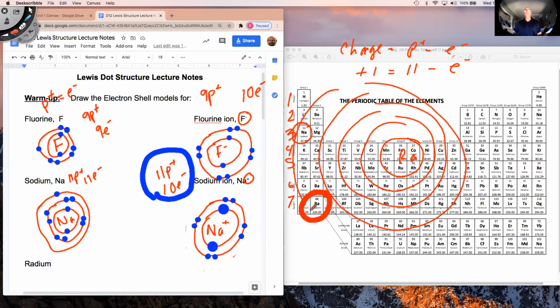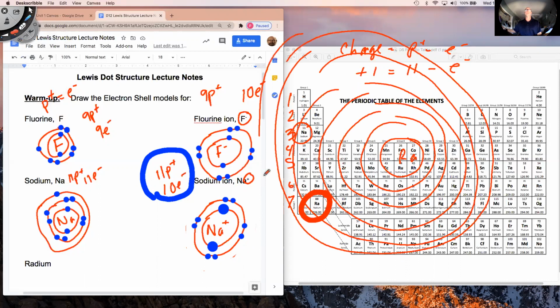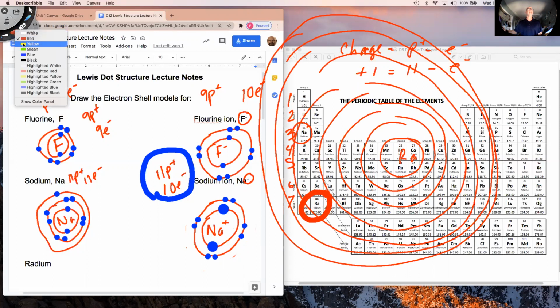Oh my gosh, this one's going to be a big one. I'm running out of space. And we only have to put in 88 electrons.